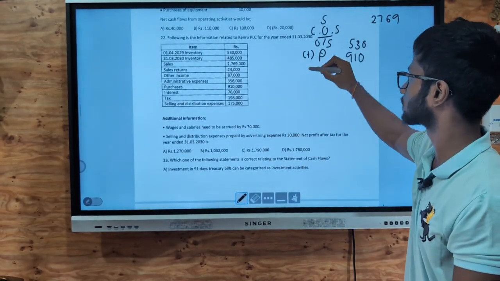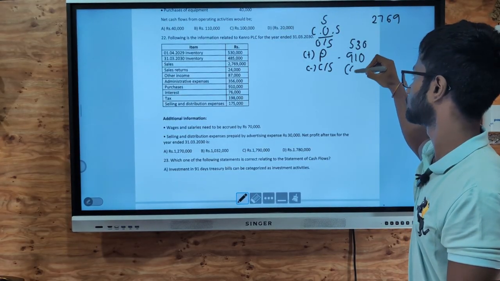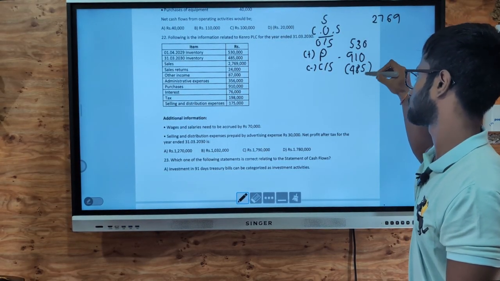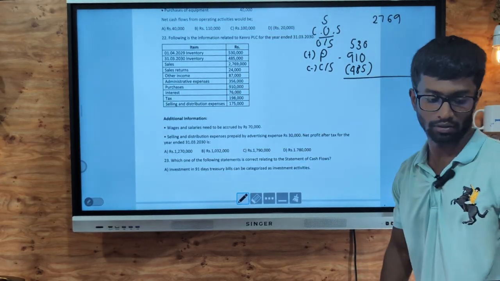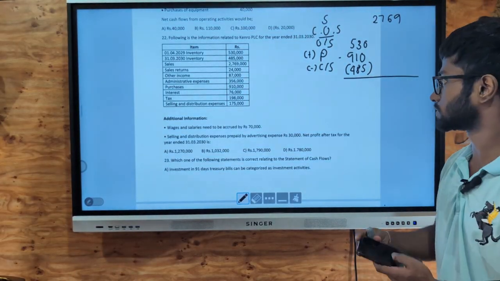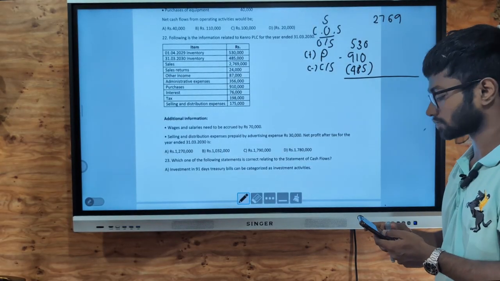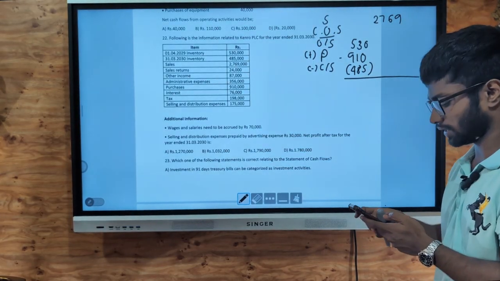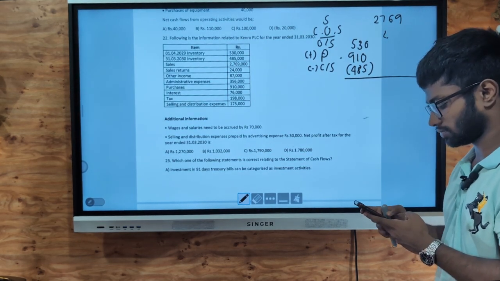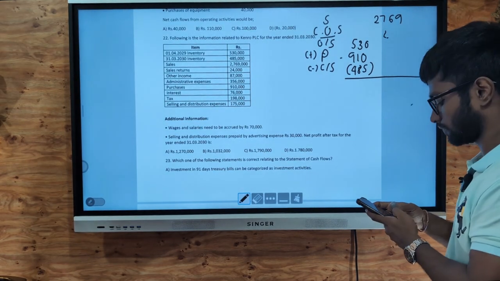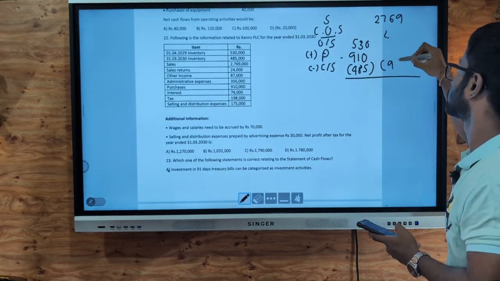So that you deduct the closing stock, 485. Then when you simplify this, you will get the cost of sales. So 530 plus 910 minus 485. You get 955.